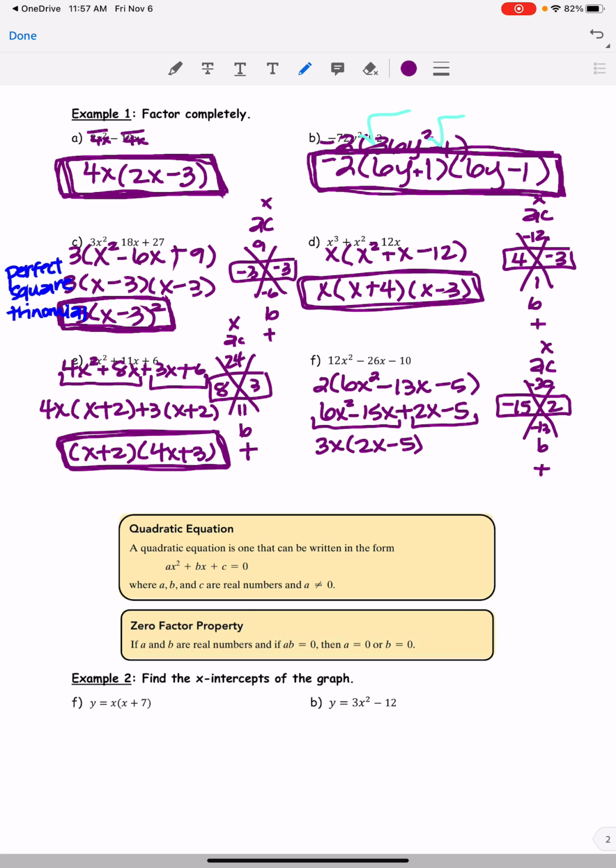My GCF is technically 1, and so that's what we've got to write so I know what to pair up to this guy here. So I'm taking out a positive 1. That leaves me with 2x minus 5. So now this factors to be what you have in parentheses twice: 2x minus 5.